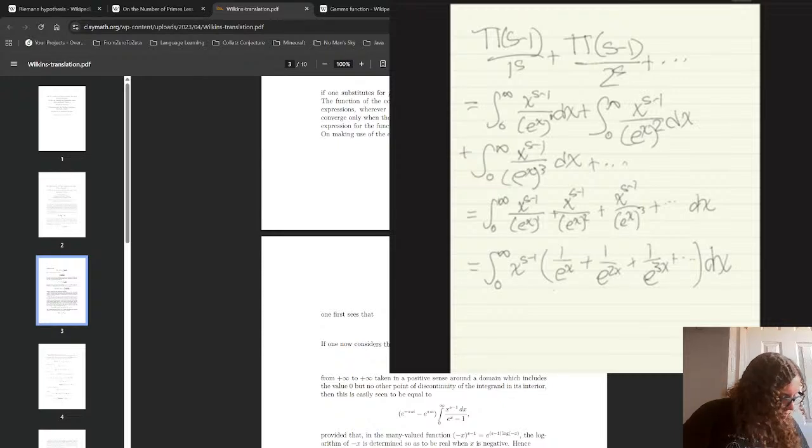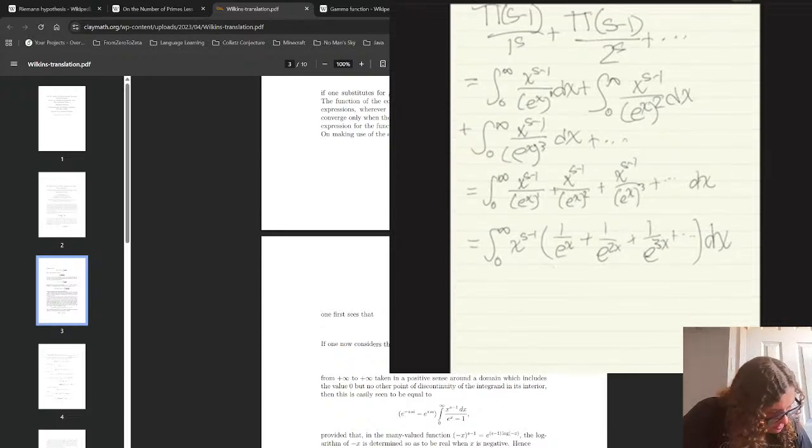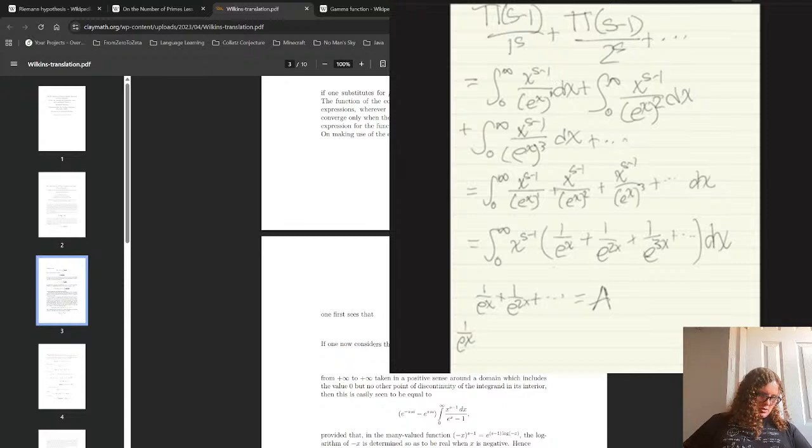Okay, so if we let 1 over e to the x plus 1 over e to the 2x plus, and so on, equal to, let's call it A, then we say this is 1 over e to the x, and we factor out a 1 over e to the x from the rest of it.